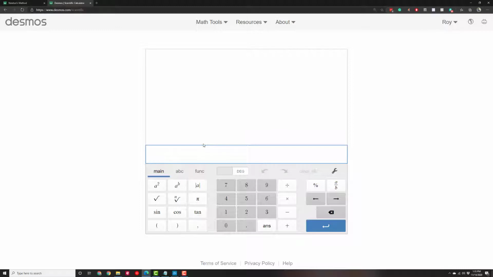If you had a regular calculator, you should still do the following. You have your guess, and then you have your function evaluated at your guess. So our first guess was 0, right? And this process is the same whether you're using Desmos or you have a calculator in front of you. In fact, it's a little bit faster in Desmos, but I'm doing it the way you would do it in a calculator, is you would use your answer button.